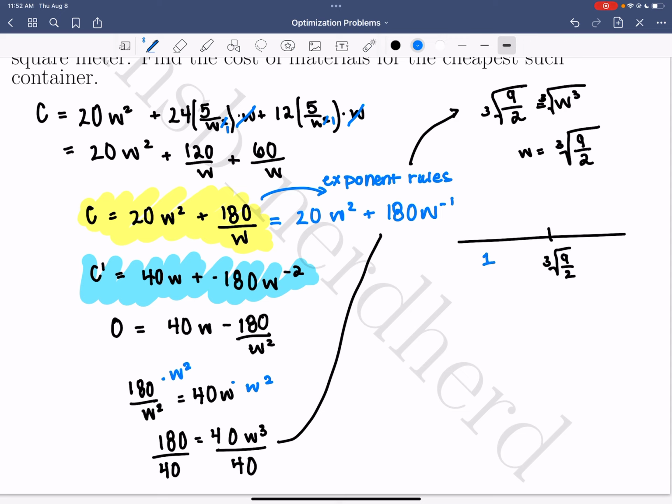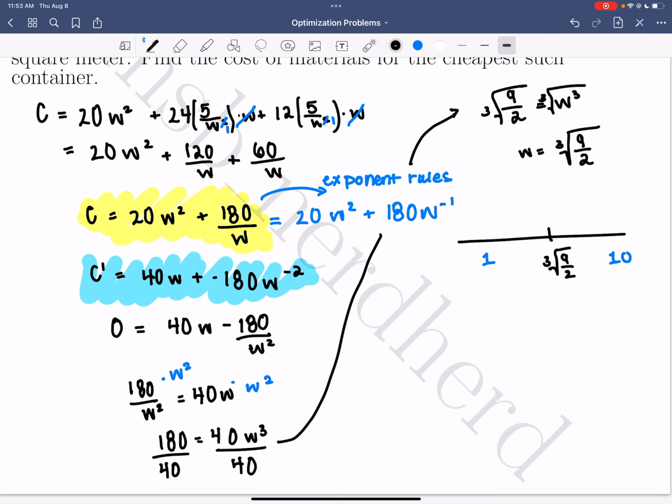And the cube root of 9 over 2 is somewhat, what's 9 divided by 2, guys? 4.5. So the cube root of 4.5 is definitely going to be smaller than the cube root of 27. So I'm just going to go ahead and say that's about 10. Doesn't really matter what numbers we're plugging in. We just want to double check that it's a minimum.